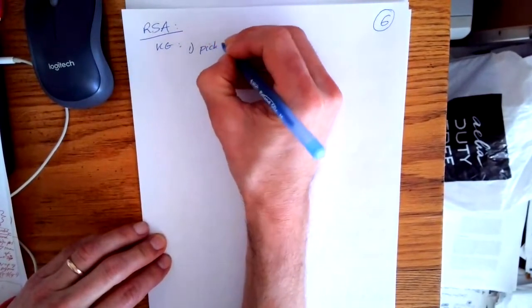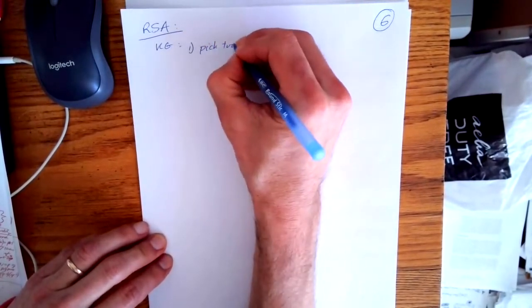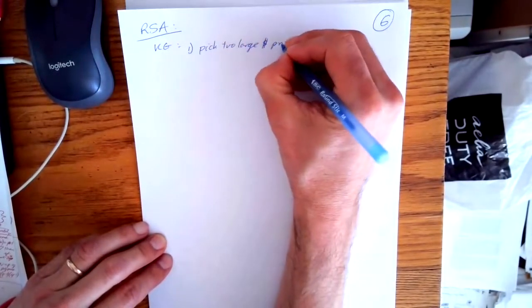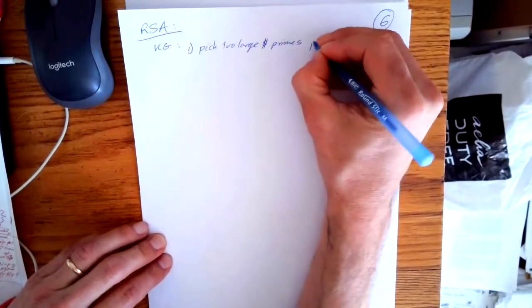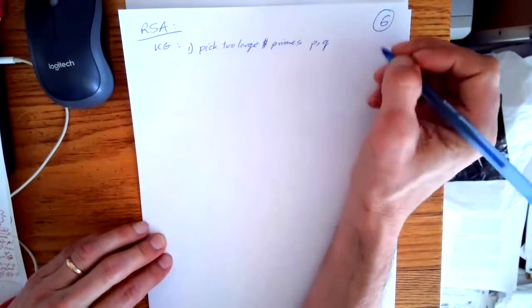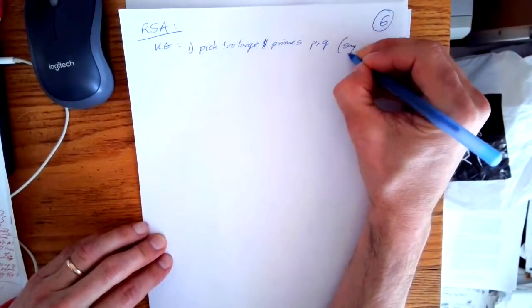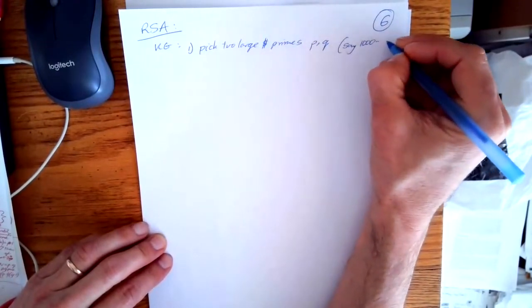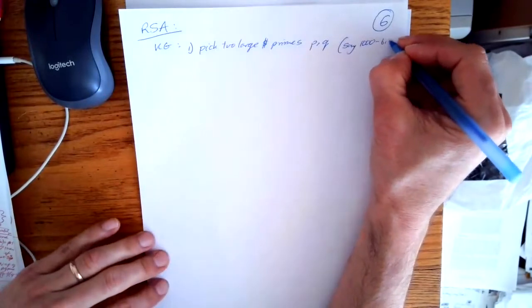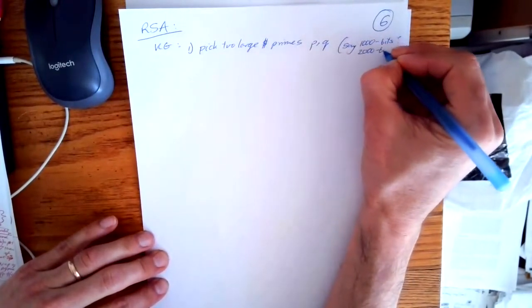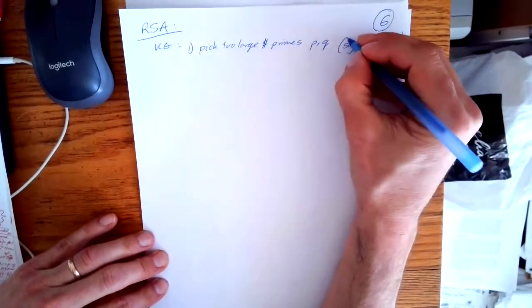First, it picks two large random primes, P and Q. And how long? Well, in practice, let's say 100 bits, 1,000 bits, 2,000 bits. Something on that order.